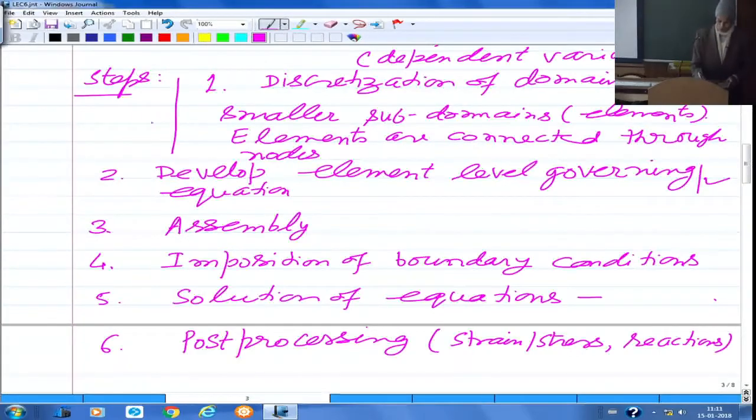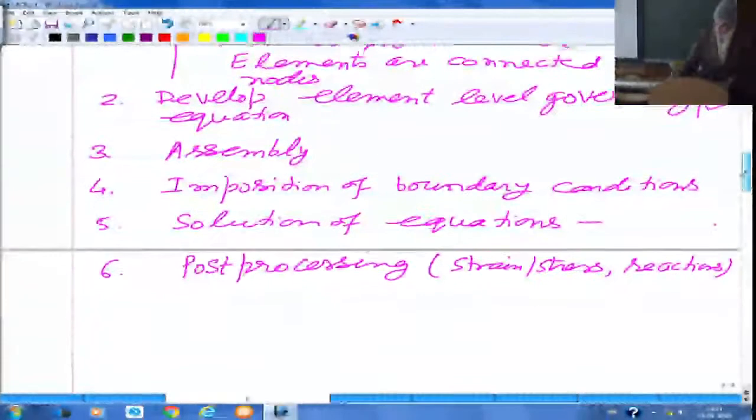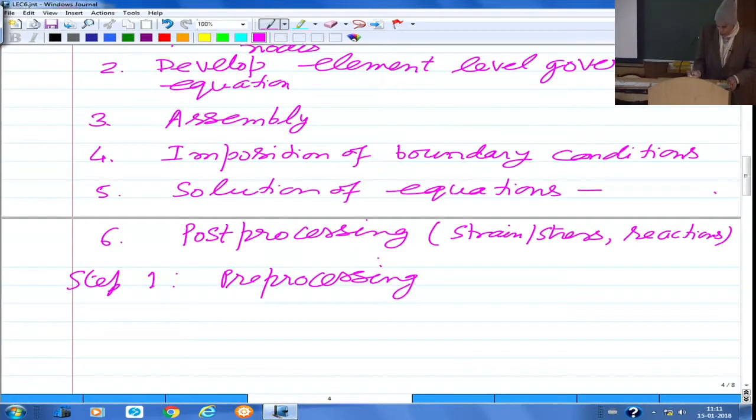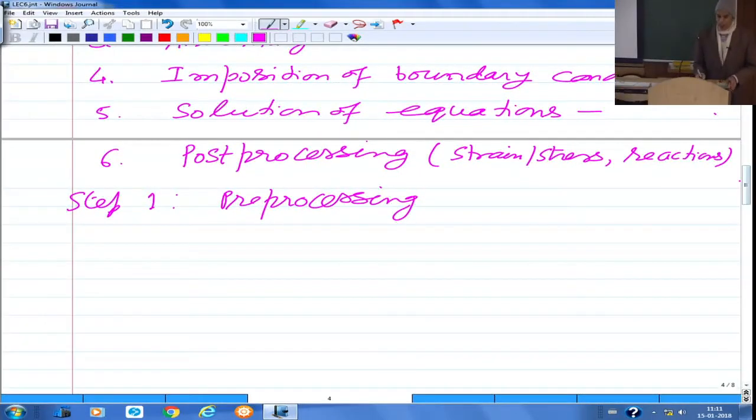So step 1 is referred to as pre-processing, and in some software like ANSYS there is a menu which is named pre-processing; in other packages the names might be different, but essentially it does the same thing.